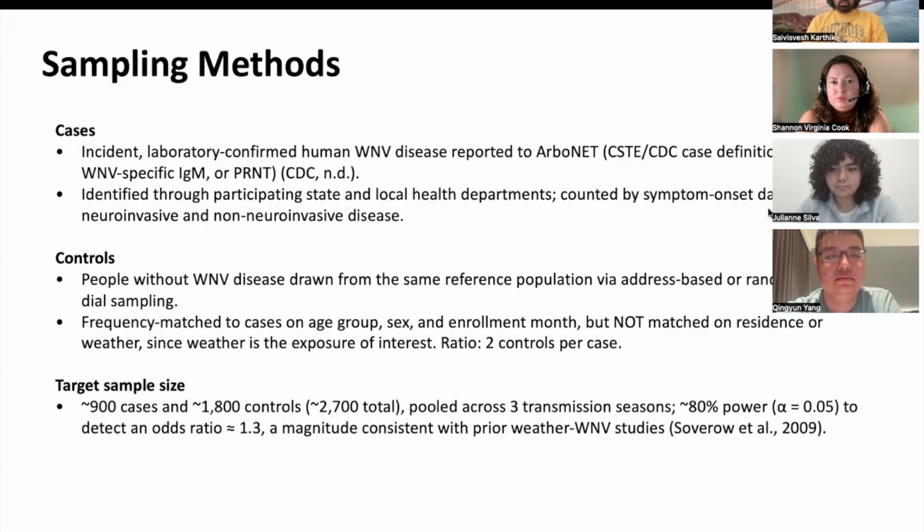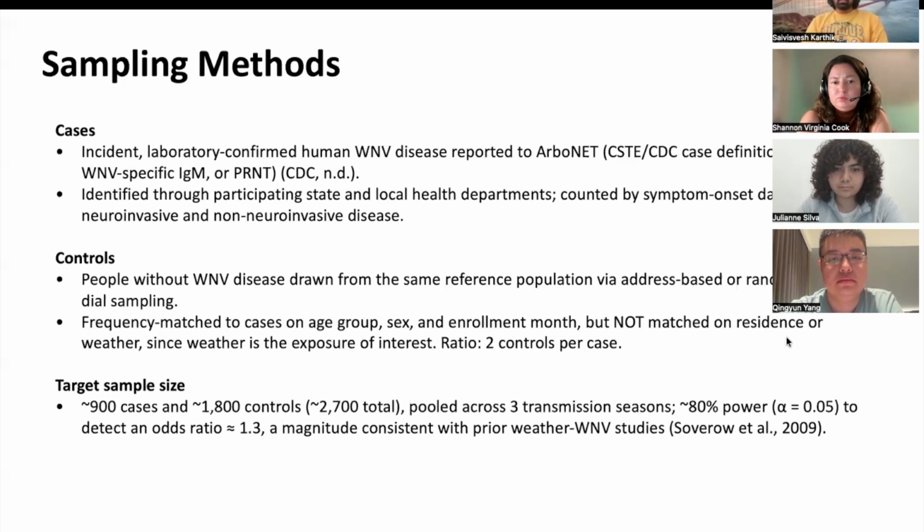We'll source these cases through participating state and local health departments, and we'll count them based on symptom onset date. We will include both neuroinvasive and non-neuroinvasive cases to improve statistical power and generalizability.